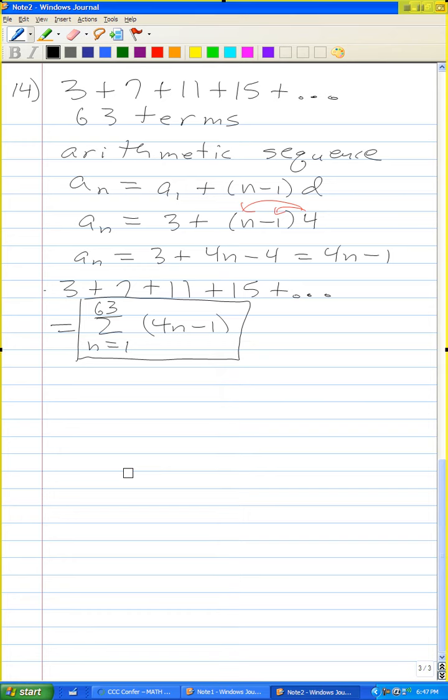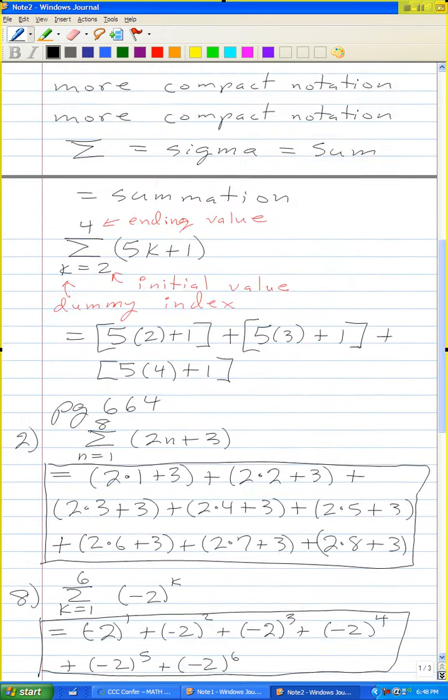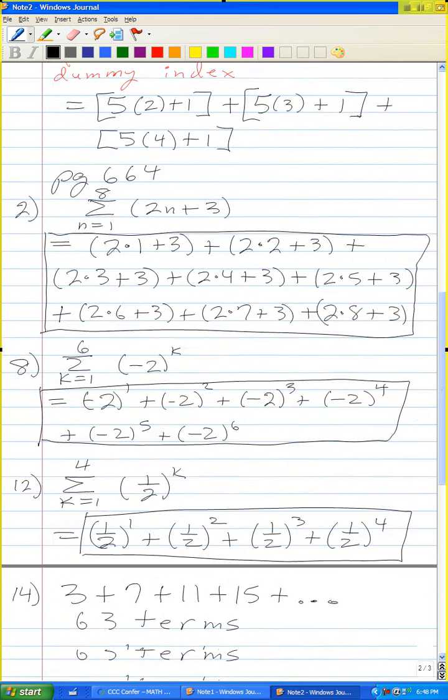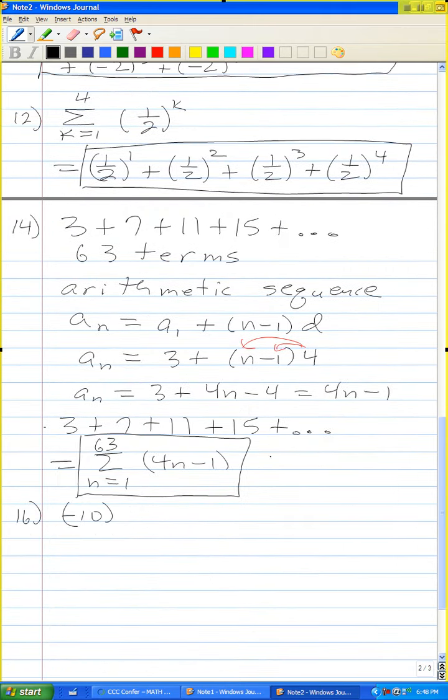Let me do problem number 16, negative 10. So this is actually called an arithmetic series.